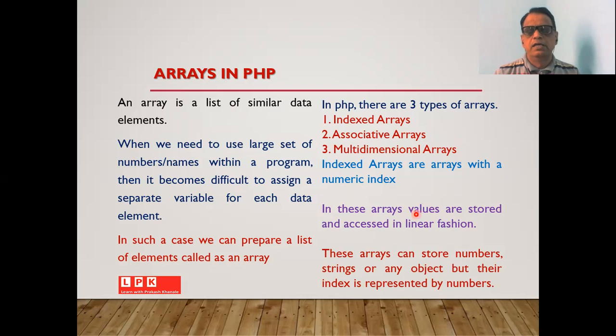In these arrays, the values are stored and can be accessed in a linear fashion. Whenever we want to store numbers or strings or even any type of object in memory, that can be done by making use of the index array. And the index is always represented in the index array by numbers.